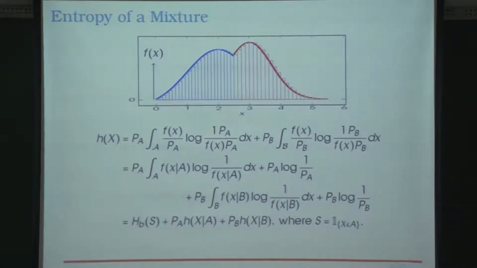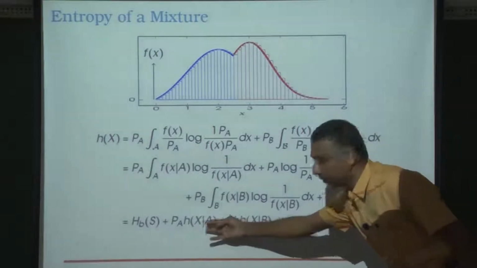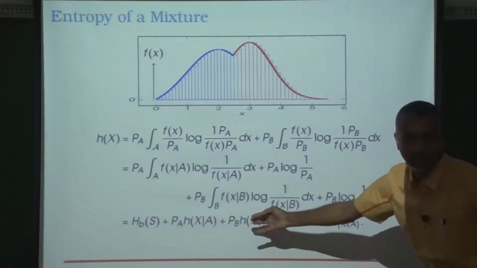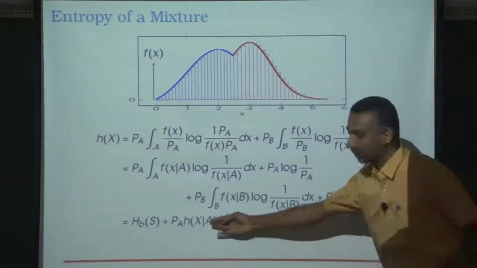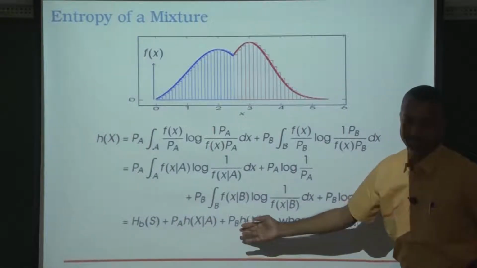Now, the claim is that this number, the sum of these two, is what? It is exactly the conditional entropy of x given S, right.